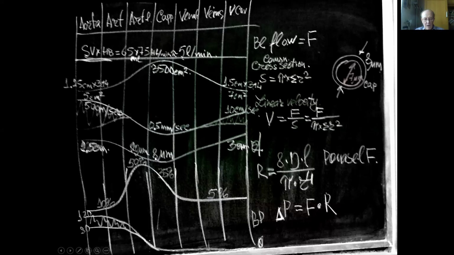But this is the diameter of only one capillary. It is equal to 8 micron. What is the micron? 1 micron is one thousandth part of a millimeter. And I show to you, this is the cross section of the capillary. This is diameter 8 micron. The diameter of the erythrocytes, you should know from the histology course, is 7 microns.